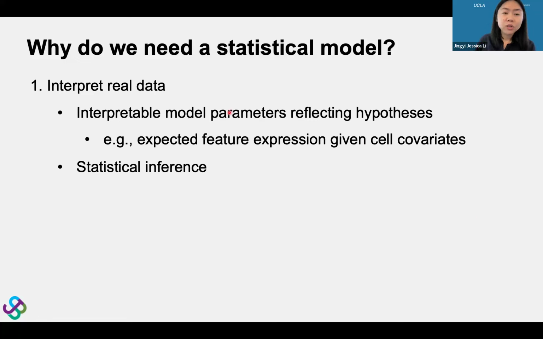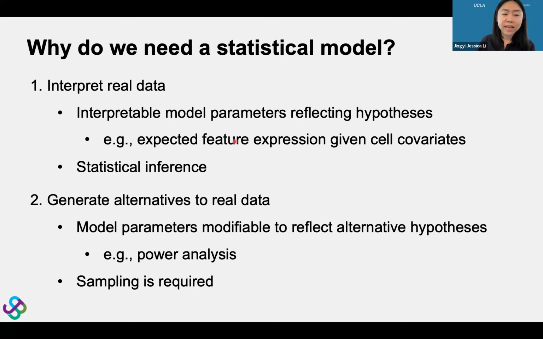We can use the model parameter inference to tell us some biology. For example, what is the expected expression of a feature like a gene given a cell covariate, say given a cell type, what is the true expression level of the gene? And statistical inference can give us some uncertainty quantification for the parameter estimates, so we are more confident or less confident about our conclusions.